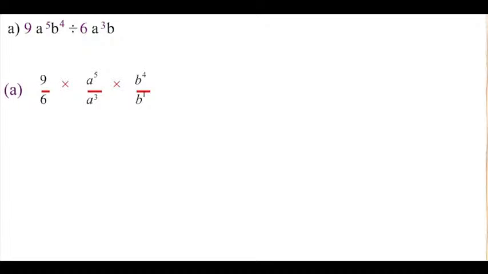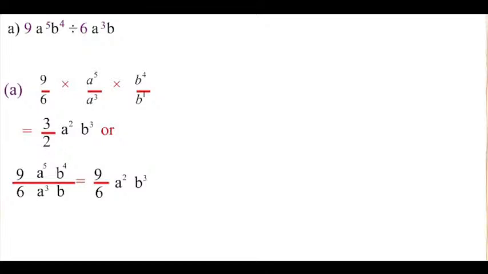Answer. A. 9 over 6 times a to the power 5 over a to the power 3 times b to the power 4 over b to the power 1 equals 3 over 2 a squared b cubed, or 9a to the power 5 b to the power 4 over 6a to the power 3 b equals 9 over 6 a squared b cubed.